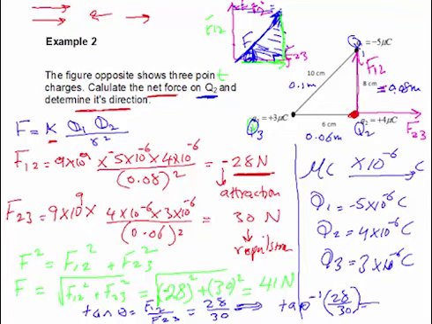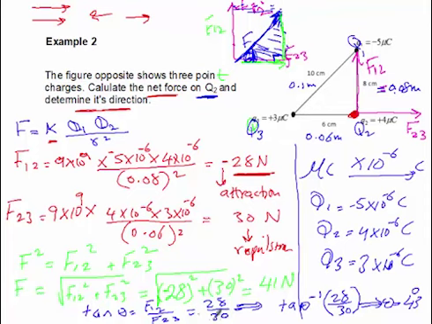This will give us the value for theta, which will be 43 degrees. So always remember, tan theta equals the opposite divided by the adjacent.